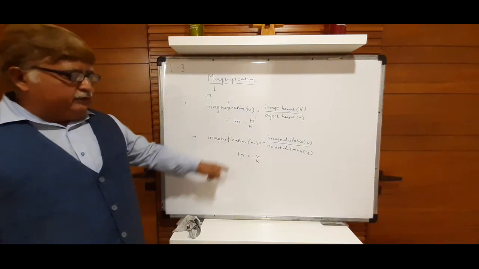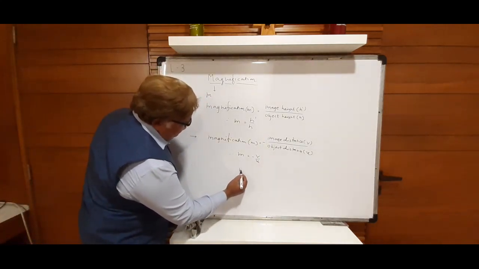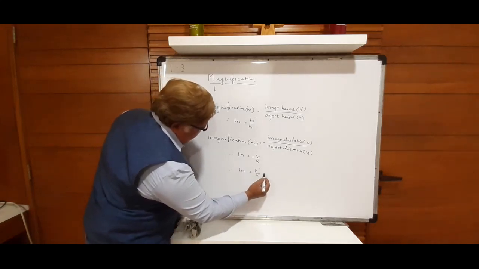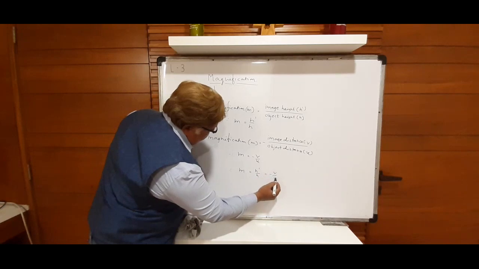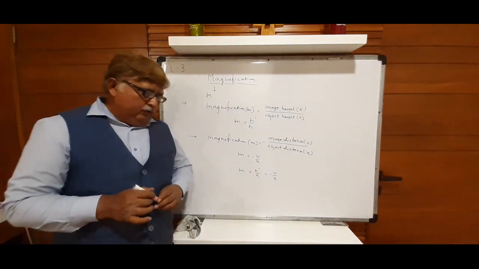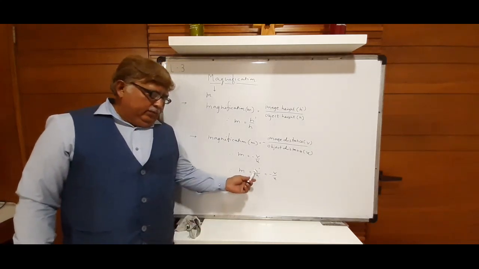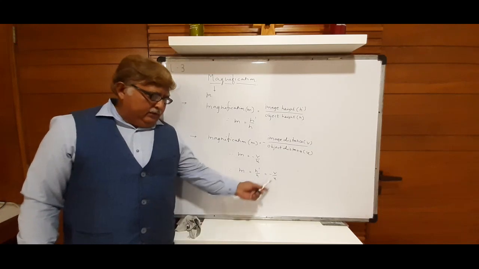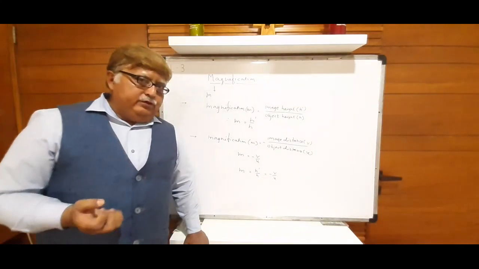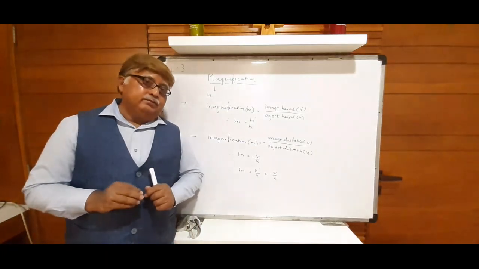Two formulas exist for magnification, means you can write m equal to, just write with me, h dash upon h equal to minus v upon u. Now, when you want to find magnification, what you should have? Image height, object height. Image distance, object distance. If you have this data available, you are able to find magnification.